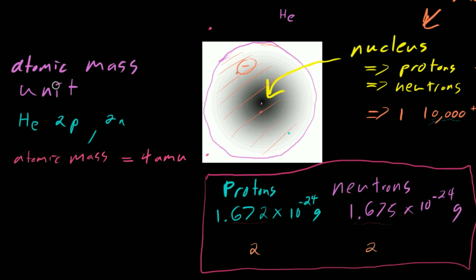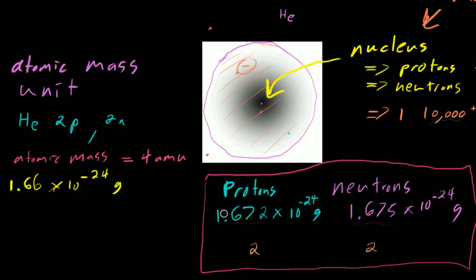All you necessarily need to know about the atomic mass unit is that it's essentially the mass of either a proton or a neutron. Officially, and I'll write this down in case it shows up on a test, the conversion factor for one atomic mass unit is 1.66 times 10 to the minus 24 grams.